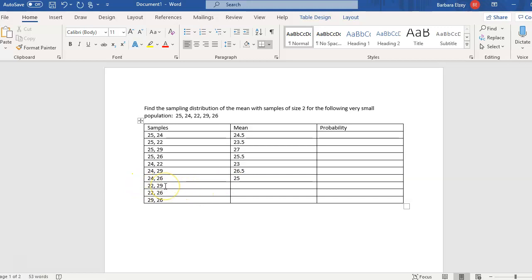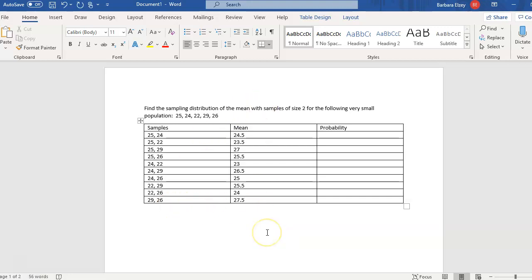And 22 and 29, add them together and divide by 2, and we'll get 25.5. And then 22 plus 26, divide by 2, and we'll get 24. And then finally add our 29 and our 26 together and divide by 2, we will get 27.5.